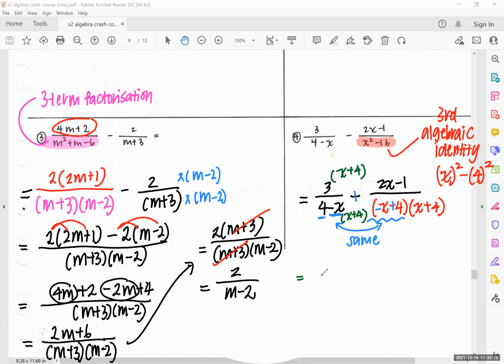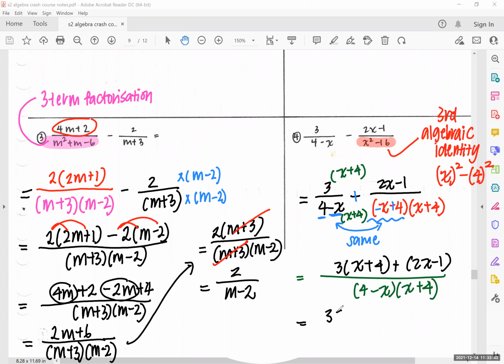At the end of the day, I know that the whole thing will be bracket 4 minus x bracket x plus 4. Then after that, I have 3 bracket x plus 4 plus bracket 2x minus 1 equal to, just expand everything out.